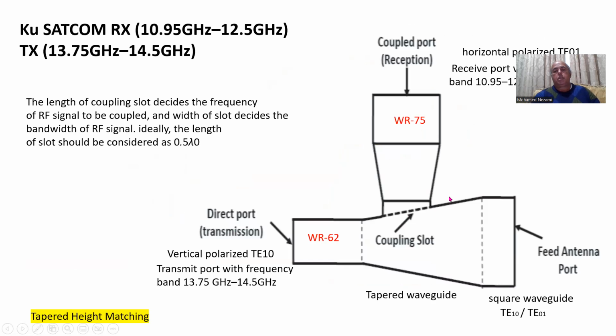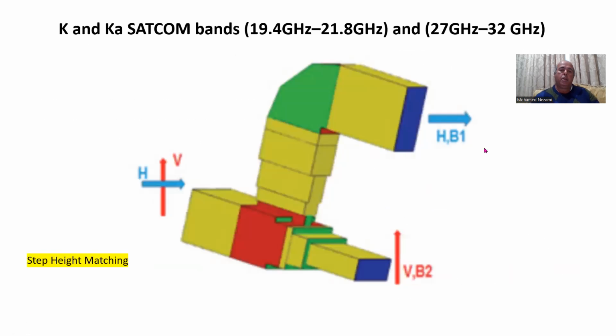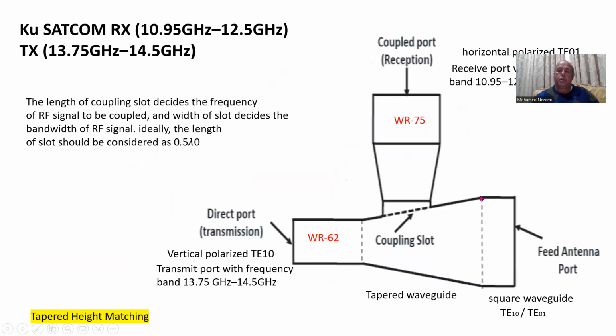All right, so this case here, I just happen to pick this one, is a Ku band, except this one, we don't use the multi-step quarter wave. We use a continuous tapered impedance transformation between the square waveguide and the rectangular one, and likewise from this piece here onto this piece here.